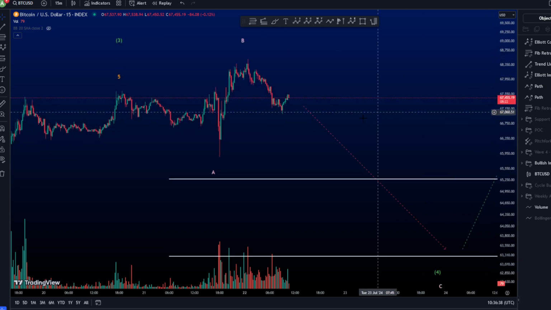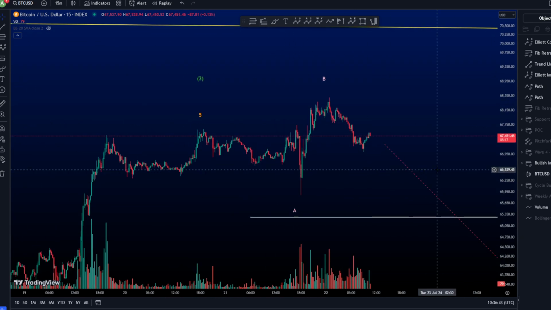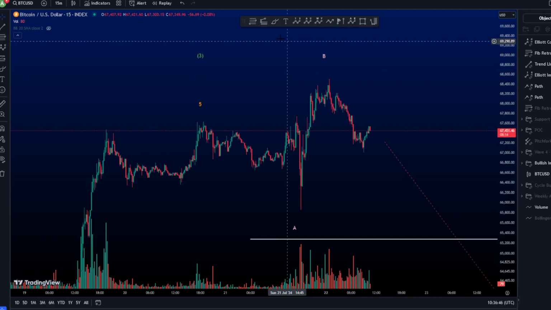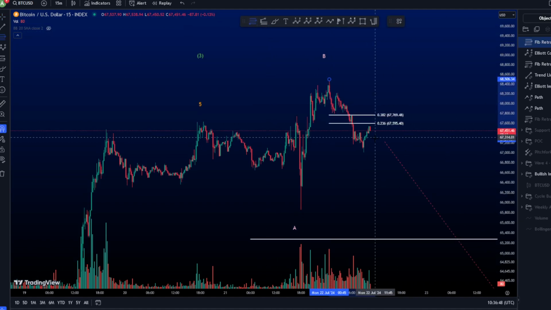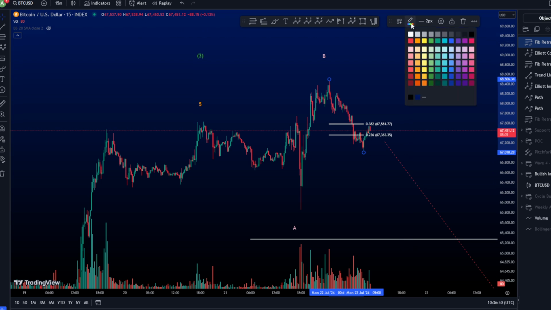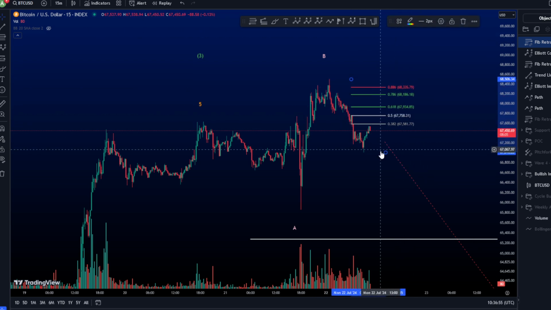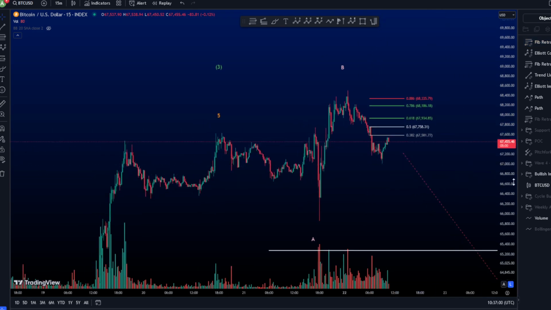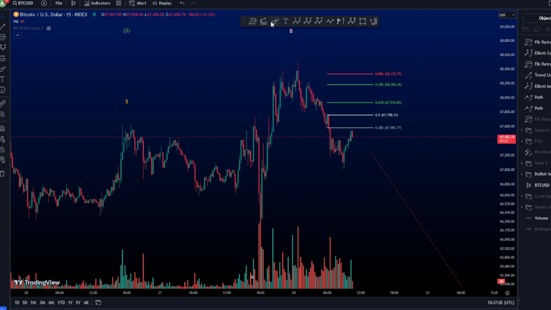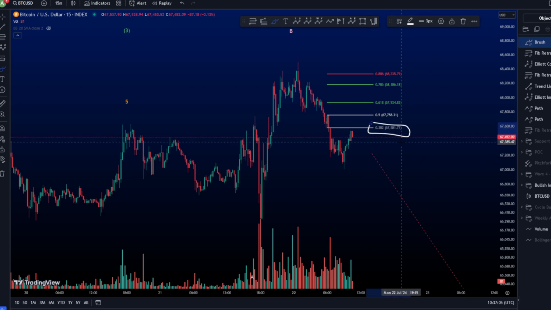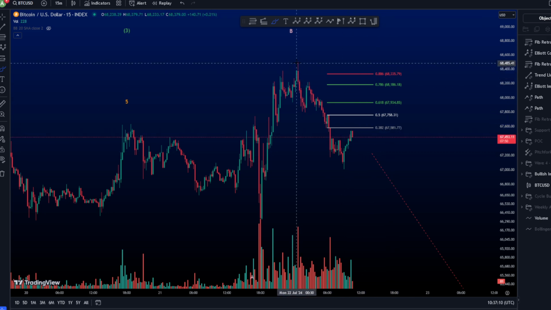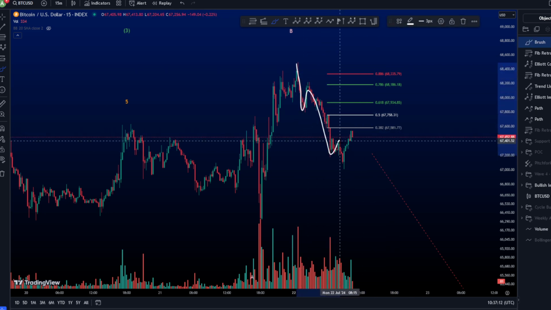Now, expect also that 1, 2, 3, 4, 5. Expect also maybe a shallow retracement for wave 2. It could be, why not? Everything is possible. We did not touch it, so I don't expect it to go down from now, because wave 2 should be at least touching this level at 67,580 after having 1, 2, 3, 4, 5.